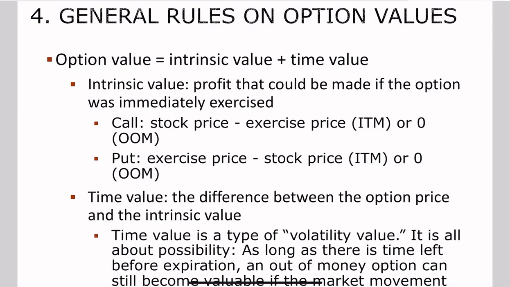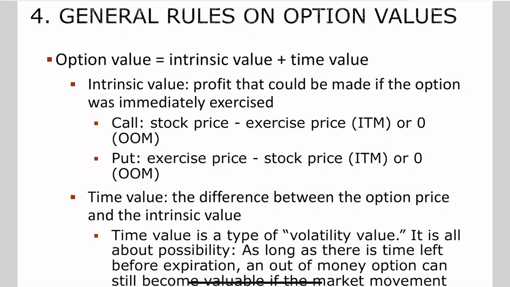So how do you calculate your option's intrinsic value? Well, if it's a call option, then it depends on whether it's in the money or out of the money. If it's out of the money, then it has no intrinsic value. It's just a zero. And if it's in the money, then the intrinsic value is given by the market price minus the exercise price.